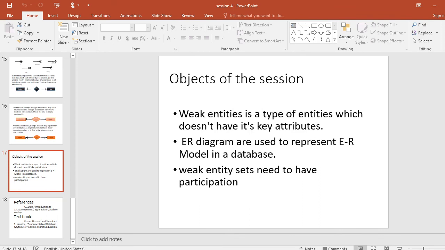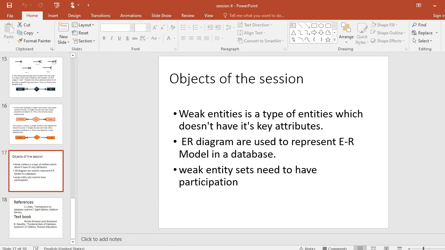I already told you about the student database, library database, or bank transactions. Any ER diagram can easily represent them through the ER model in a database. Another objective of the session is that weak entity sets need to have participation.